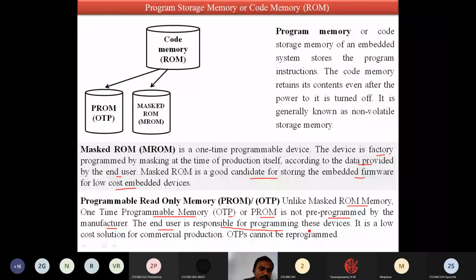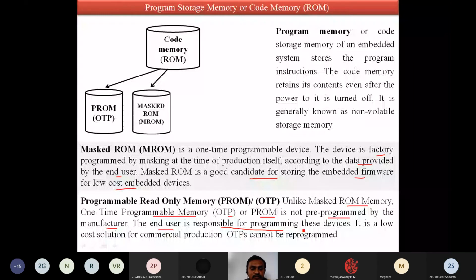Means what? If I give the same musical toy to the end user, the musical toy from the manufacturer is coming empty. The manufacturer is giving permission: you can put any song to any button. Empty memory will be given in that toy.